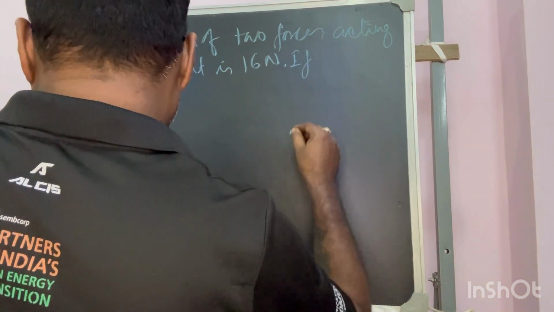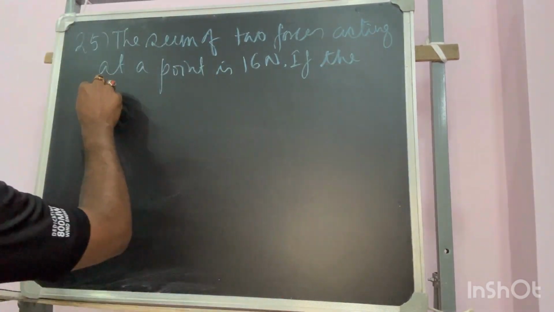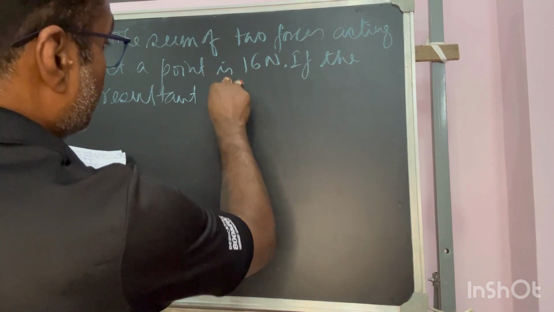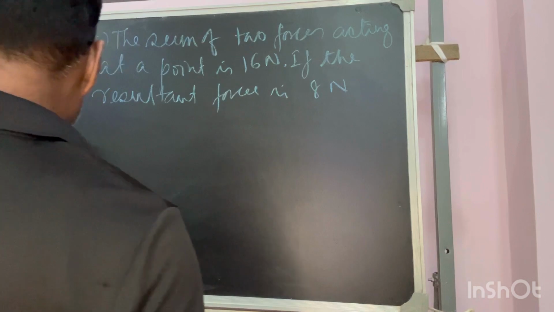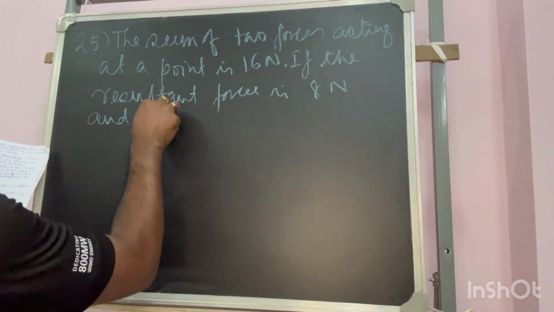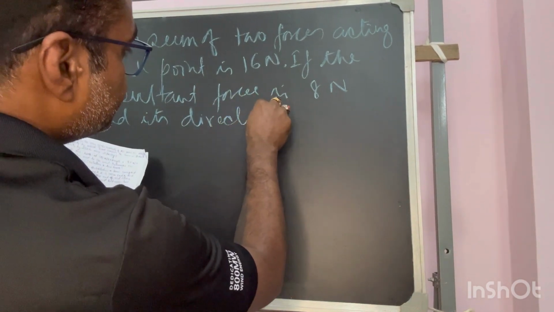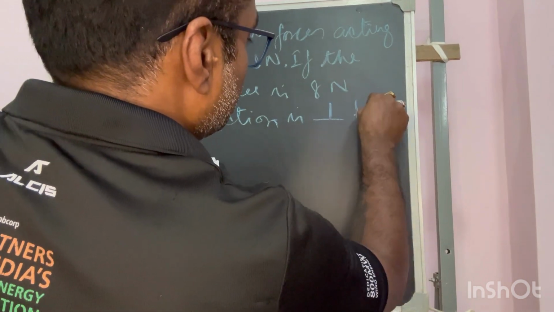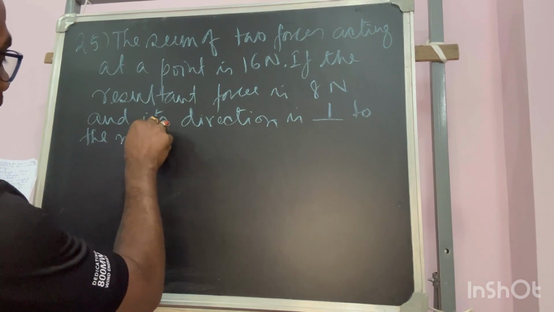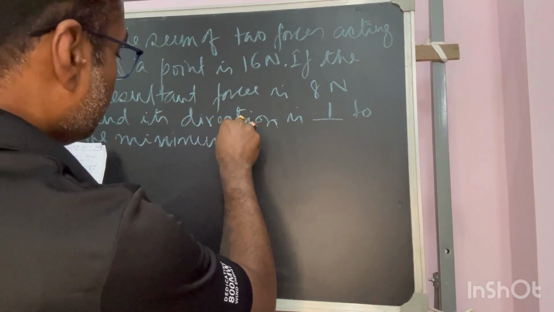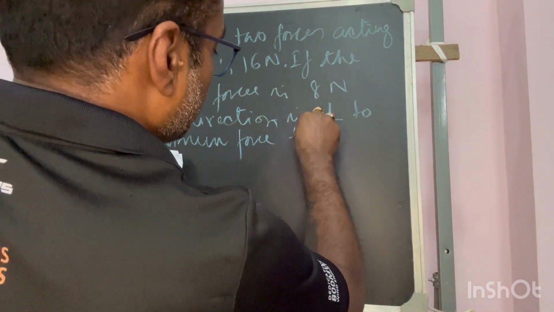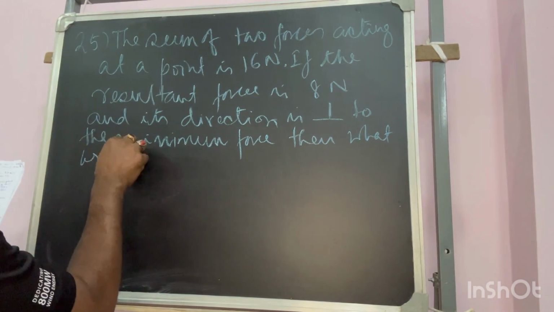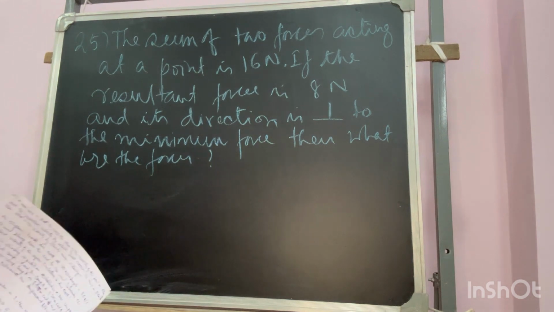If the resultant force is 8 Newton and its direction is perpendicular to the minimum force, then what are the forces? Okay, I have to find the forces.